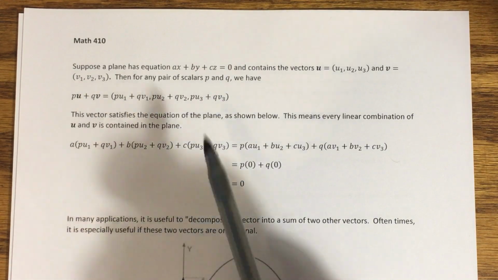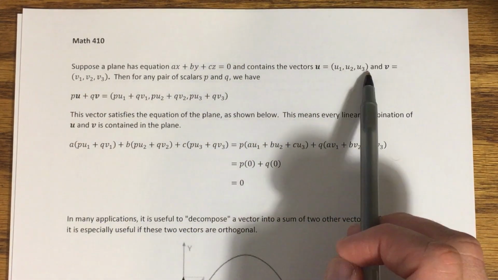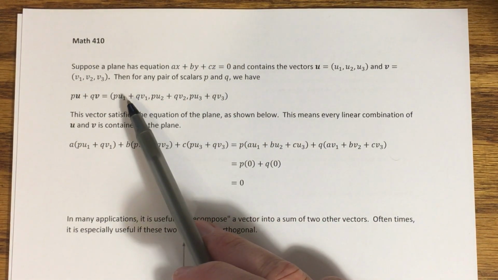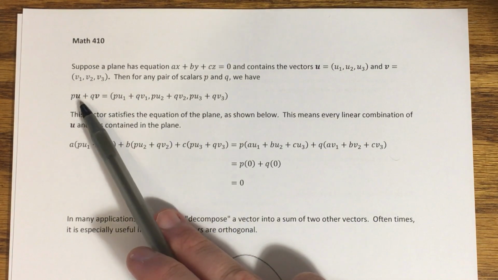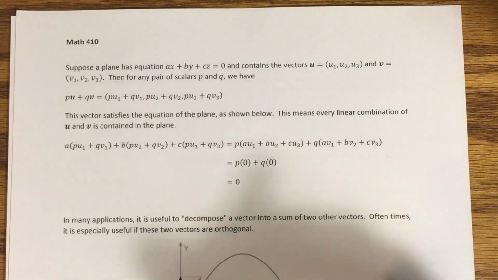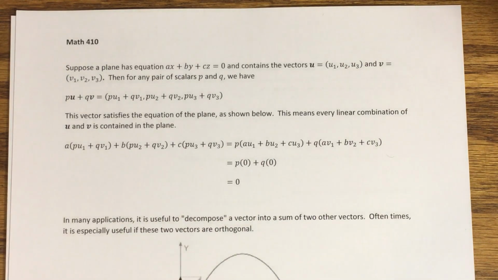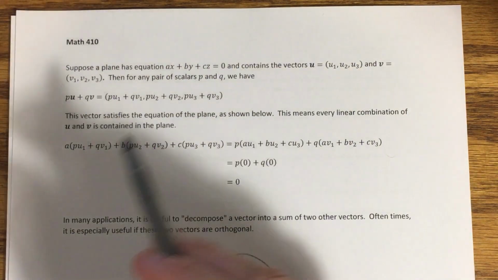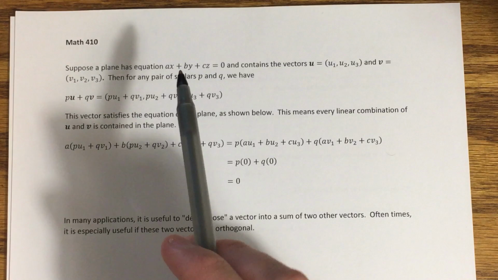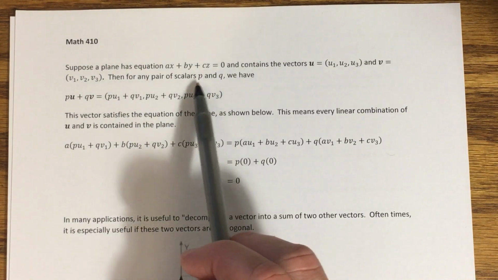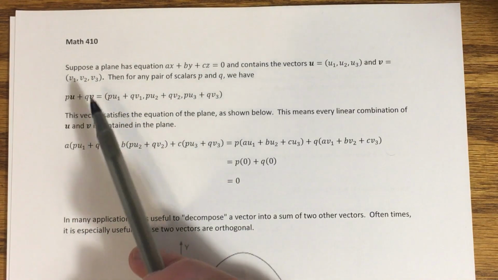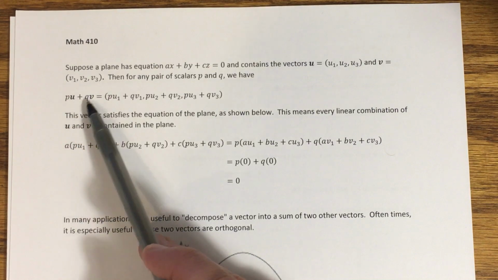Okay, what I want to show is that any linear combination of the two vectors that we just described, u and v, would also have to be contained in that plane, or would also be parallel to that plane. So to do that, let's pick some arbitrary pair of scalars, p and q, and form a linear combination, pu plus qv.